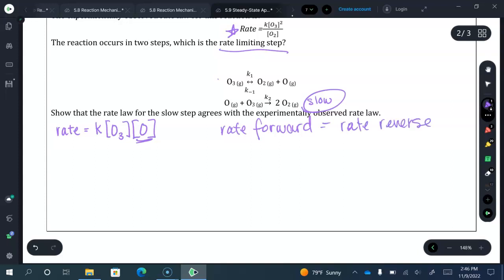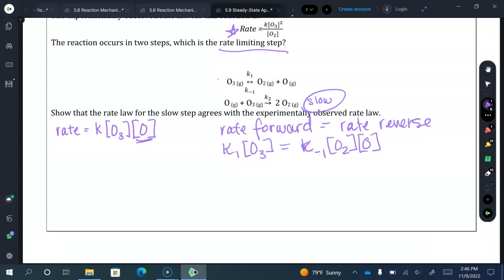So K1 times the concentration of O3 is equal to the rate of the reverse, which is K negative 1 times the concentration of O2 times the concentration of just oxygen. Now they don't have coefficients, so I don't have exponents, they're all 1.